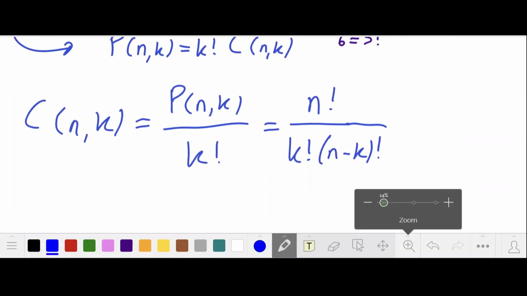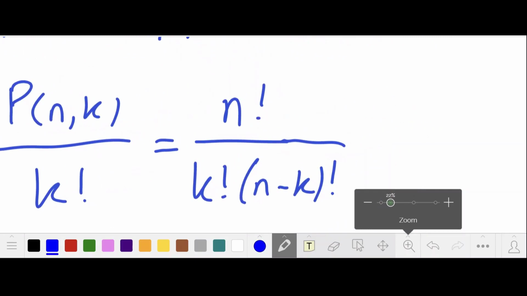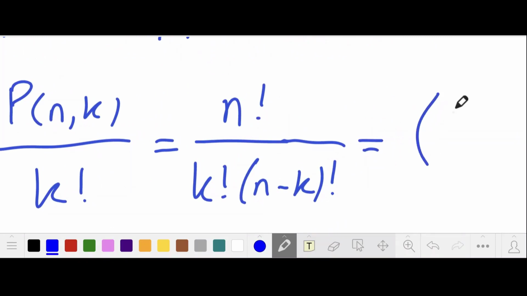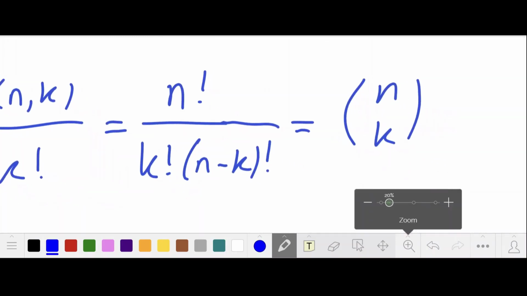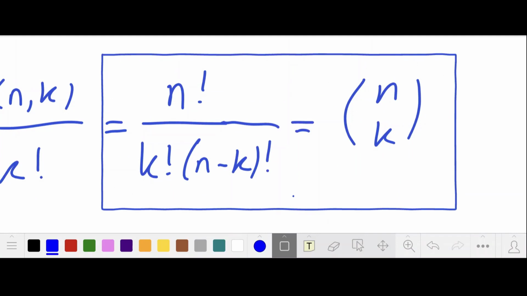Okay, the most usual way to describe a combination is using the symbol, and we read it as n over k. So this is by far the most important formula in basic combinatorics, and from now on we will be able to solve a vast amount of problems that would otherwise seem impossible.